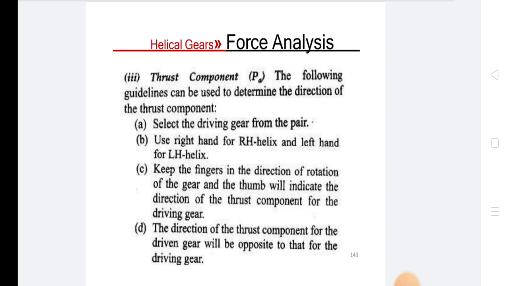In the hand rule, keep the fingers in the direction of rotation of the gear, and the thumb will indicate the direction of the axial or thrust component of force acting on the gear. The various combinations of parallel helical gears and corresponding directions of axial components are shown in the figure.